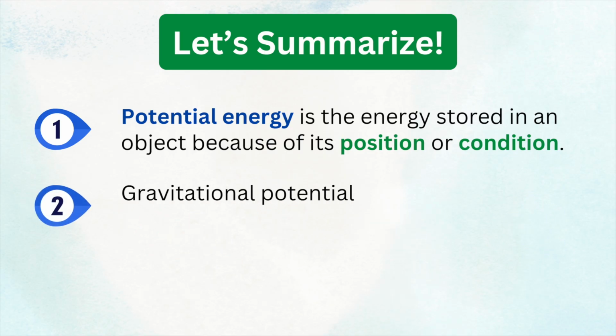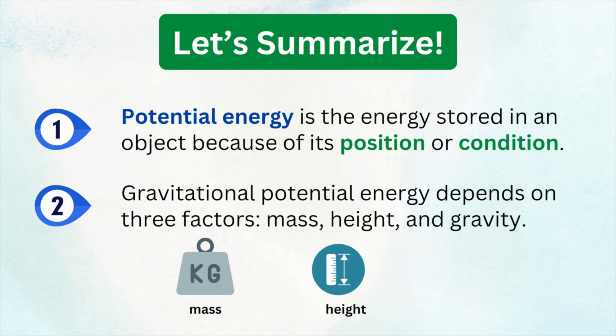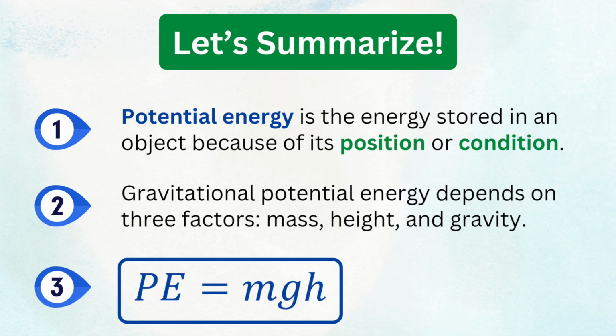We also learned that gravitational potential energy depends on three things: the mass of the object, the height above the ground, and the gravitational acceleration, which is 9.8 meters per second squared on Earth. We can also calculate the gravitational potential energy of an object using the simple formula: potential energy is equal to mass times gravity times height, or simply written as PE = mgh.